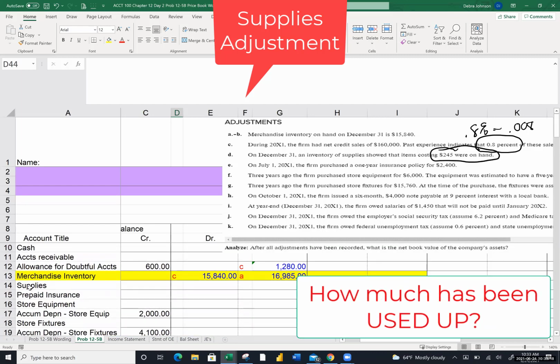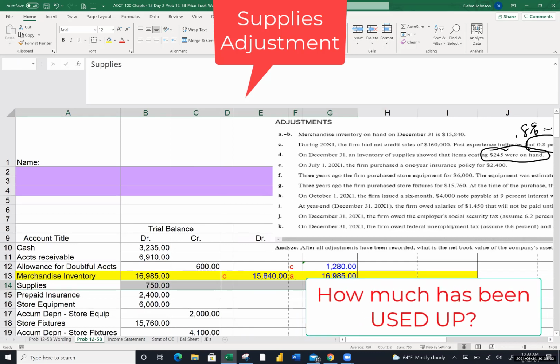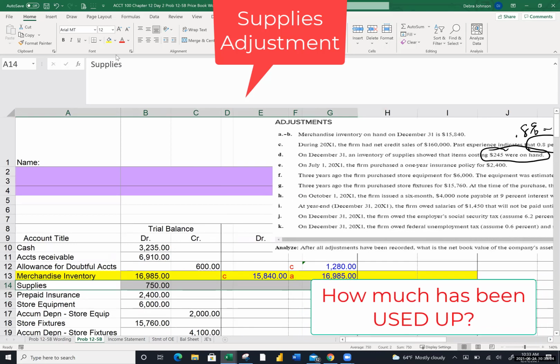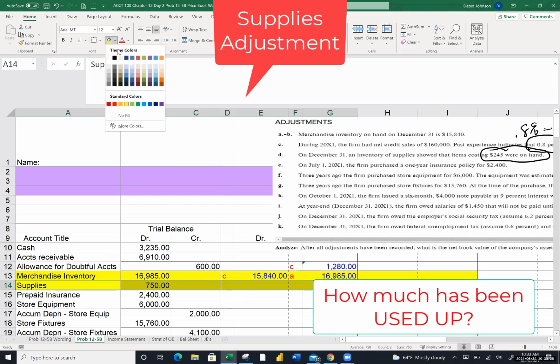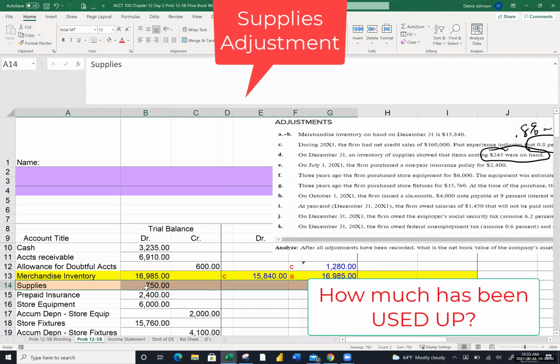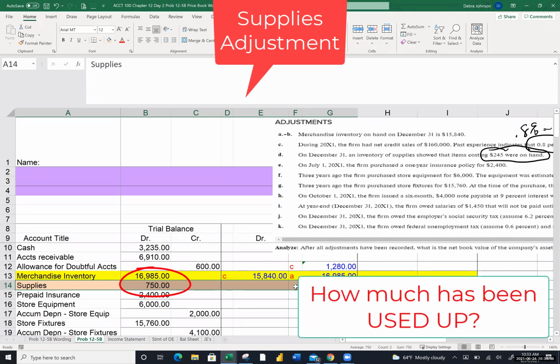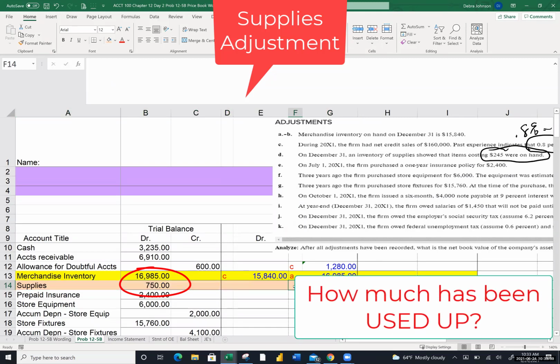Up top here on line 14, unless you changed line items. Let me make this a different color so we can see what's going on. I'll make it orange. There's 750 in the books right now. And what the author said is there's 245 on hand. So I got to compute it.